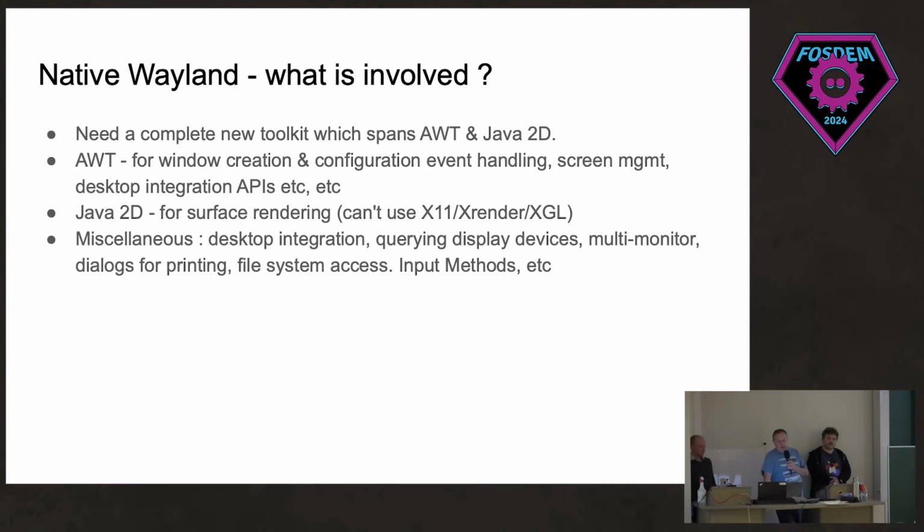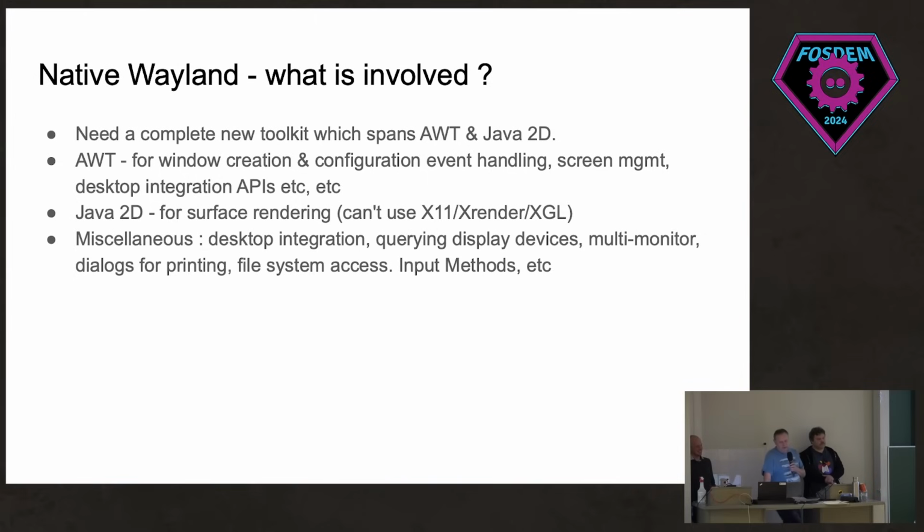Desktop integration, all of these different things I'm listing here need to be redone. When I was trying to describe it to somebody who's more of a VM person, it's like, well, we need a new JIT and we need a new GC.